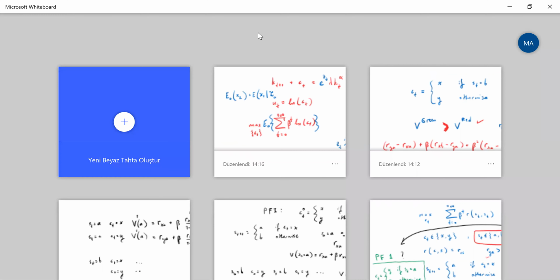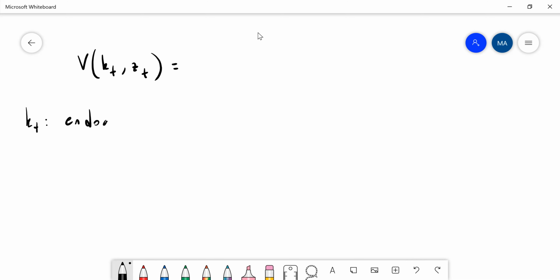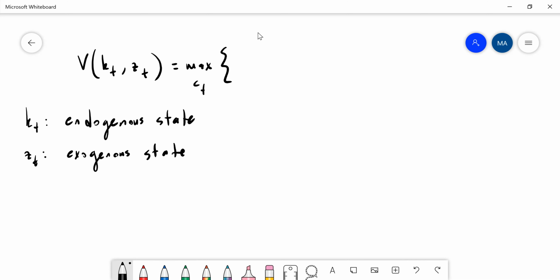So let's first imagine how we can write the Bellman equation. Obviously, we have two state variables. One is KT, as is typical. This is the capital stock, and this is my now endogenous state. There's a difference between endogenous state variables and exogenous state variables. Then again, I will have this thing maximized.